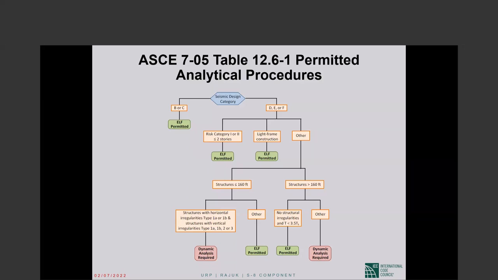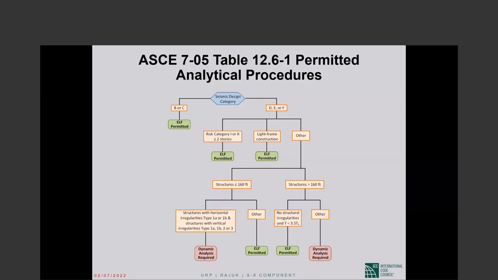And if your structure that is no taller than 160 feet has any of those bad irregularities, then dynamic analysis would be required. What are the bad irregularities? Horizontal type 1A and 1B, torsional and extreme torsional. Structures with vertical 1A, 1B, that is soft story and extreme soft story. 2 and 3, I don't remember without checking.